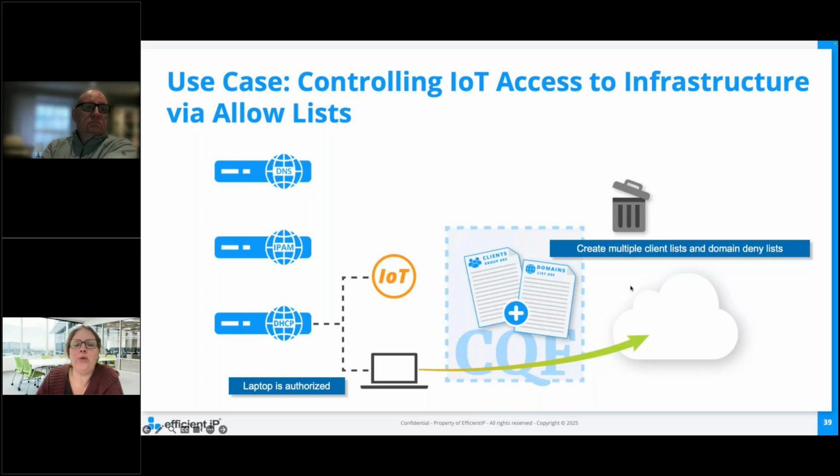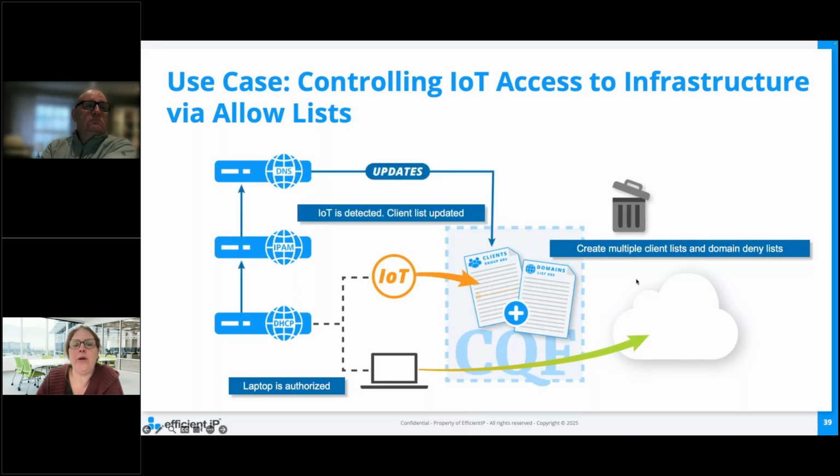So once an IoT device is connected to the network, it will be identified automatically. Once it is identified, the client list will be updated with an entry saying this client is an IoT device. An IoT device is only allowed to access the specific IoT management applications which are listed in the domain list.